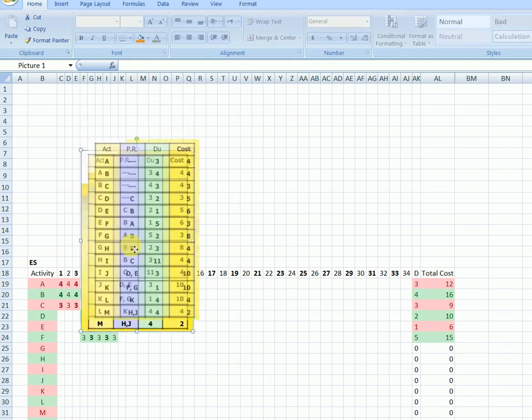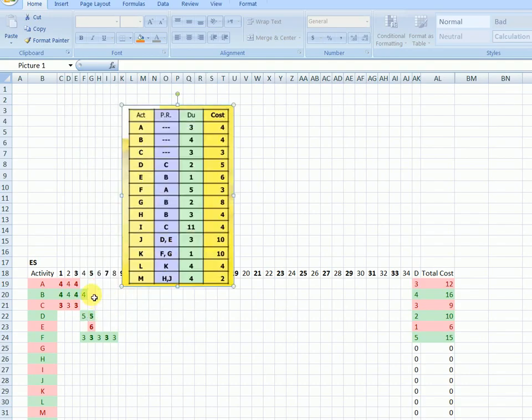G depends on B, 2 days. Okay, beautiful. H depends on B, has a duration of 3 days.